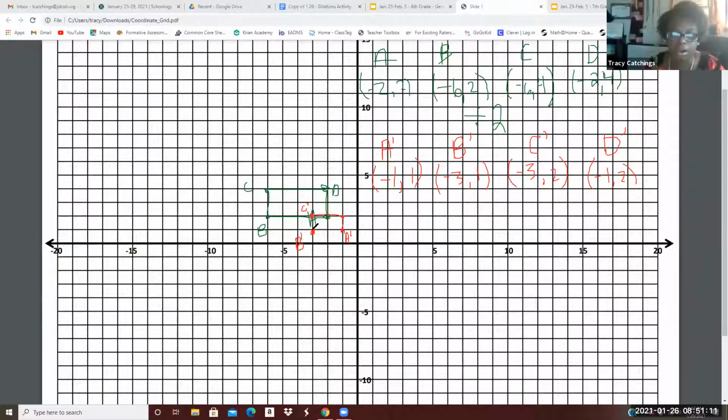All right, so they asked you to list those coordinates, so you should have those new coordinates. And then they told you to draw it. Did they tell us to do anything else to graph 2?